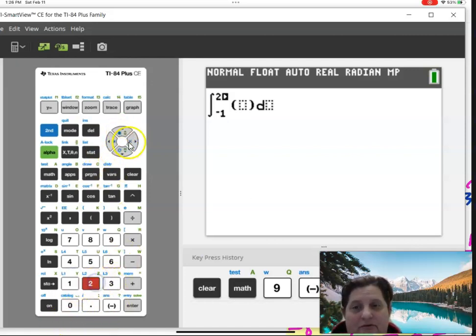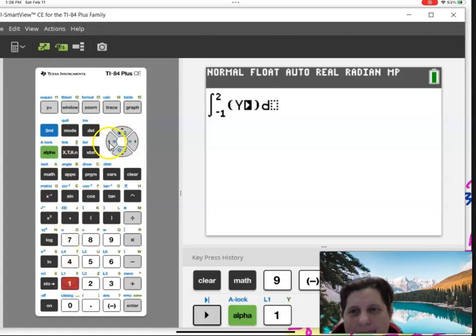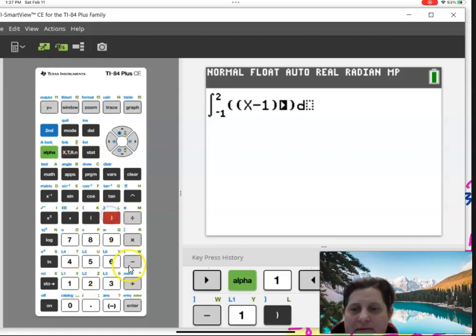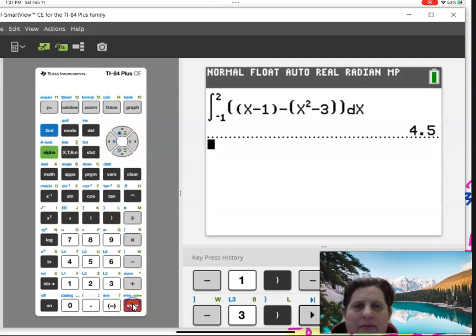If it's really bothering you and you want to use the letter y, you can, and you would find that under alpha y. But it doesn't matter because it's just a variable. So I could do y minus 1, I'm just going to type in x, so right minus y squared minus 3, as a dy, and I got 4.5.